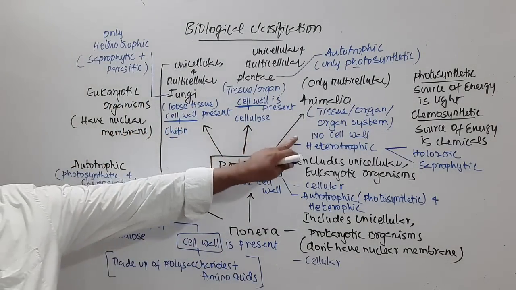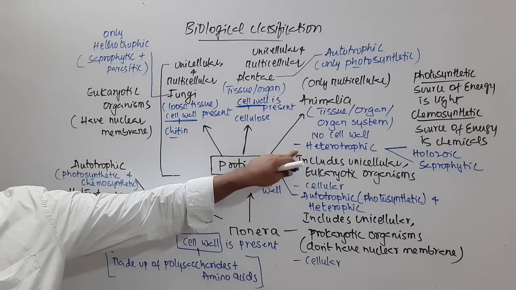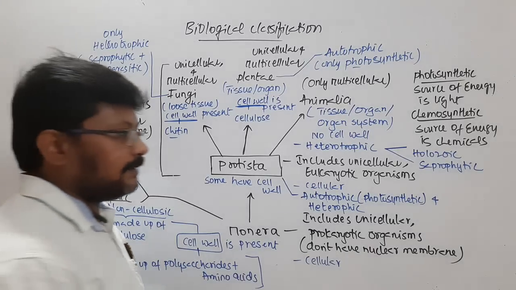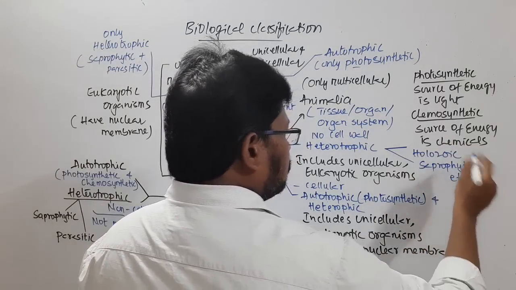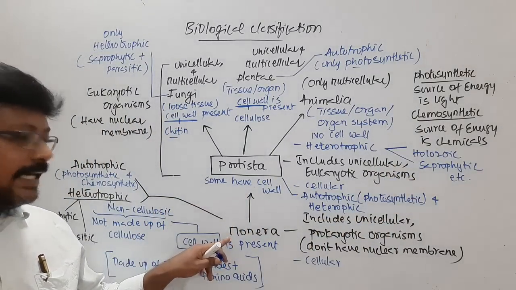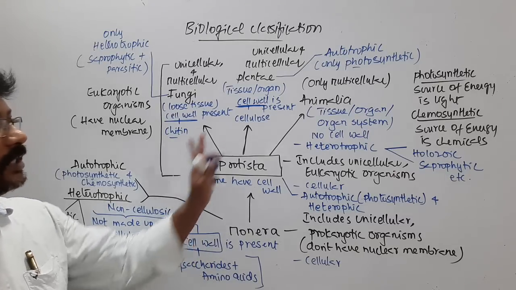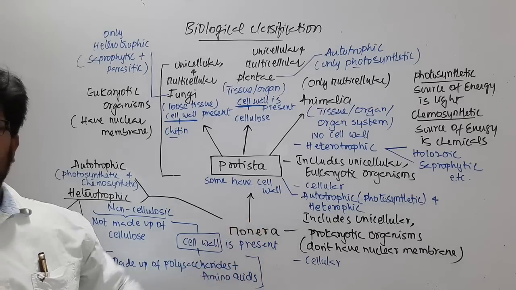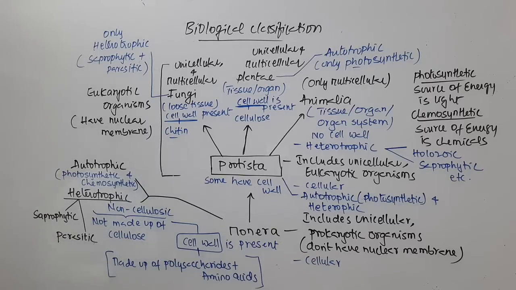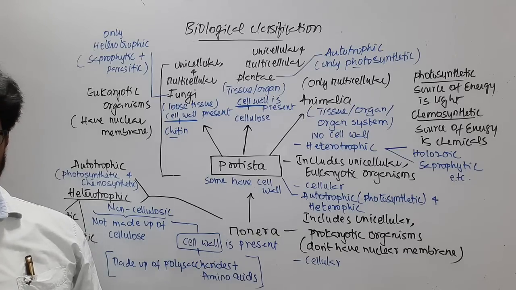So animals will show heterotrophic mode of nutrition, and the two types that animals usually show are holozoic and saprophytic. Of course there are others, which I am just mentioning briefly, but when we discuss in detail, I may give you some more extra points. So this is a brief classification that was proposed by R.H. Whittaker. In the next session, we will discuss each of these kingdoms one by one in detail.